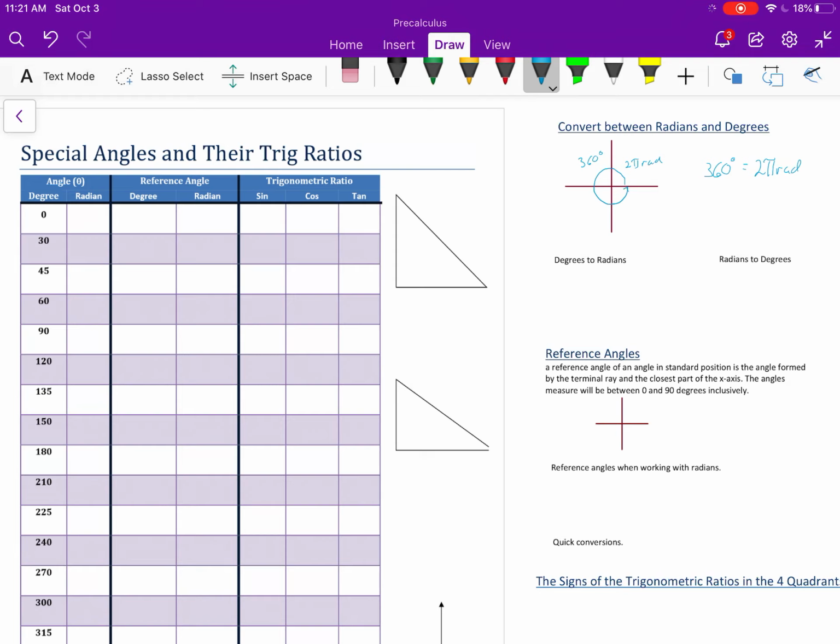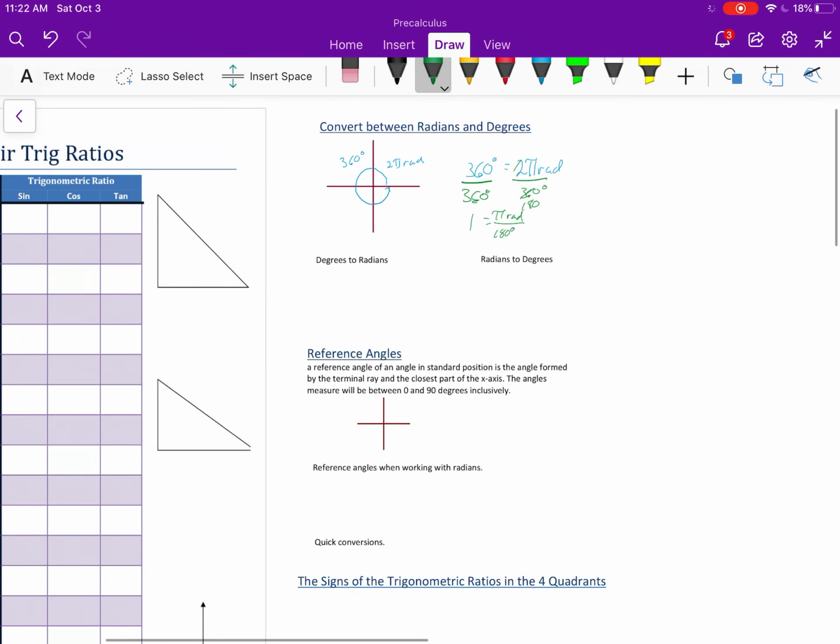We can divide both sides by 360 degrees, and if we reduce, we get 1 is equal to pi radians over 180 degrees.